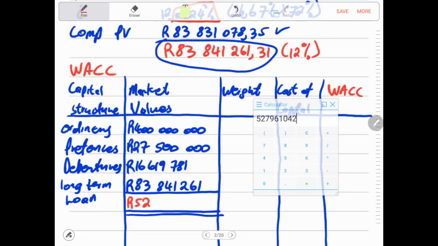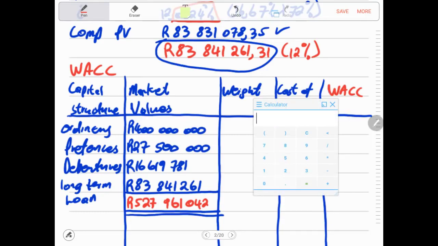It is 527,961,042. So that is what I get as my total.